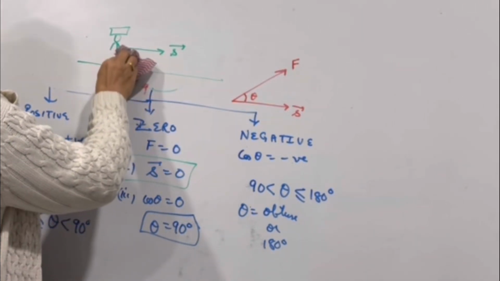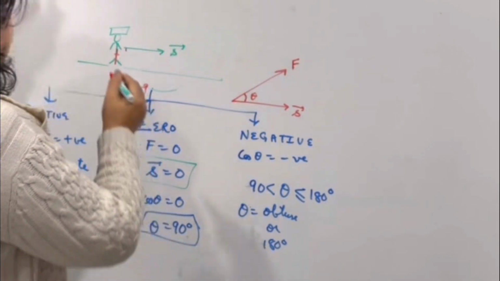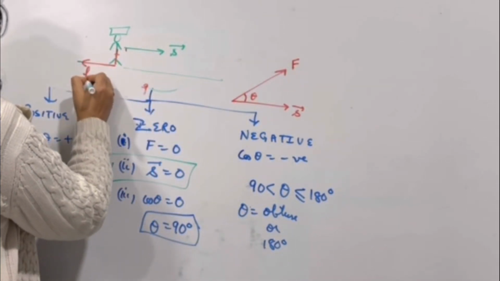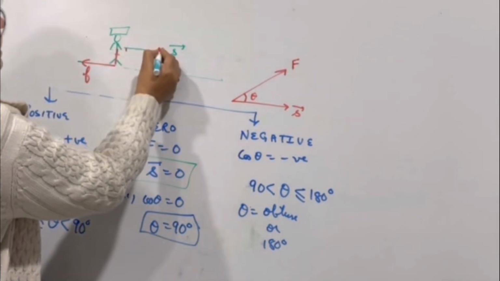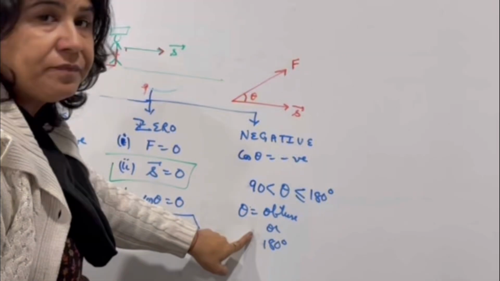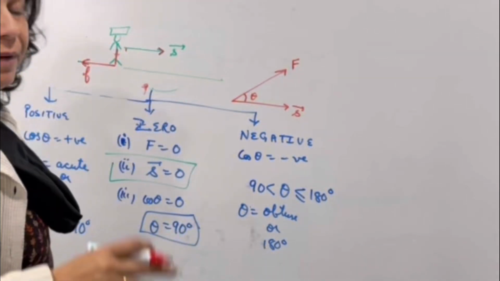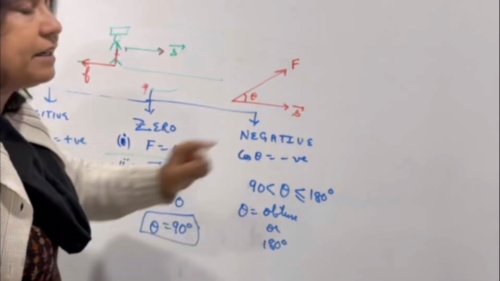But if I say this person is moving along the horizontal and friction is acting backwards, what is the work done by friction? Now you look at this arrow and this arrow. The angle is 180. For the same example, if they ask you work done against friction, then that will be negative work done.